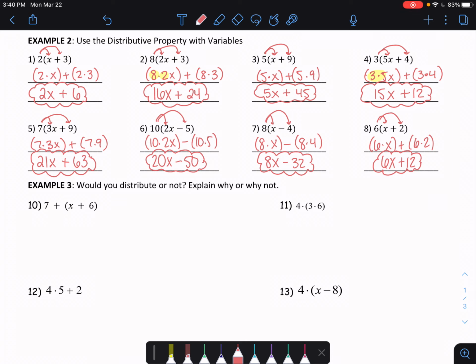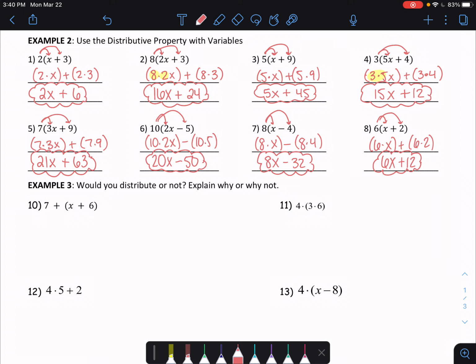So in all of the examples that I did in number 2, the multiplication was not explicit. So there was no multiplication symbol. You had a number directly next to parentheses, which is most often how you're going to see your distributive property. You can also show it with the dot next to it, but there needs to be something times a quantity in parentheses that is being added or subtracted.